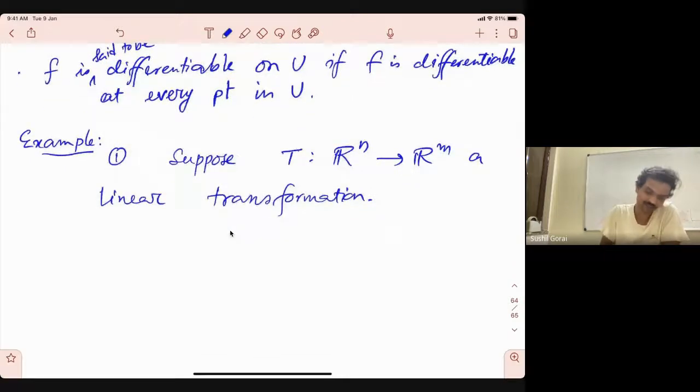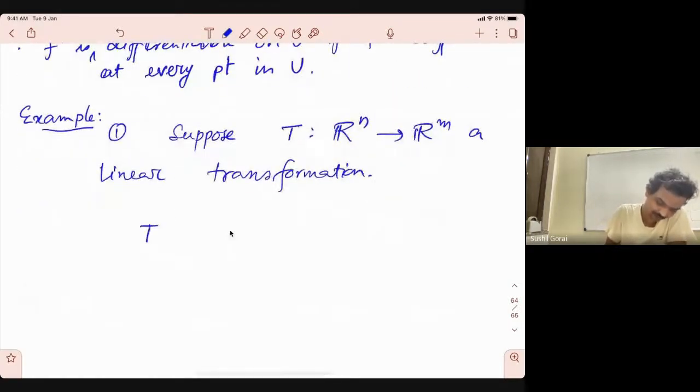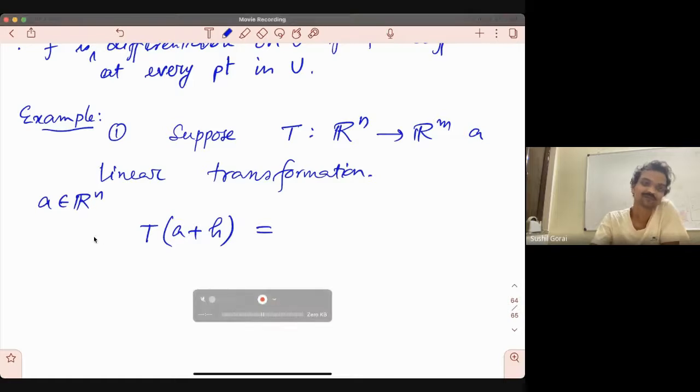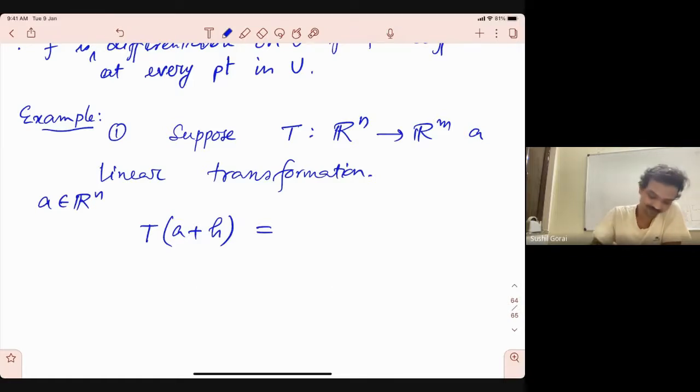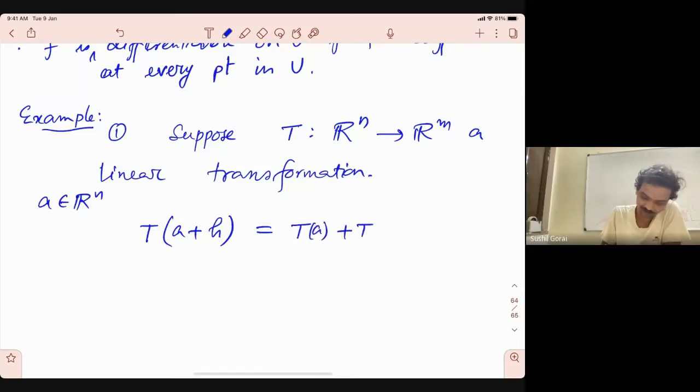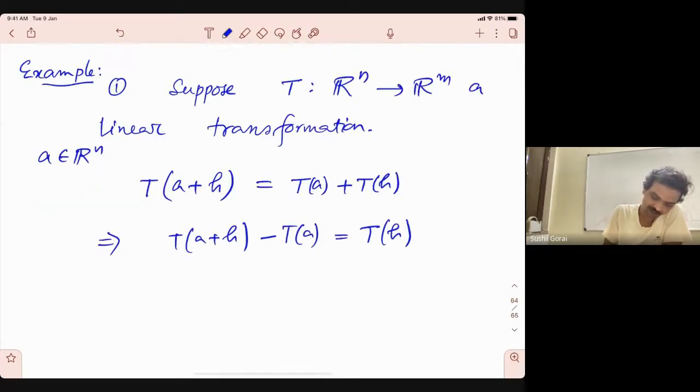All right. So this is very simple, right? Let's look at a in Rn, and you want to look at T of a plus h. What is the linearity property? T of a plus h is T of a plus T of h. So this implies T of a plus h minus T a is equal to T h.